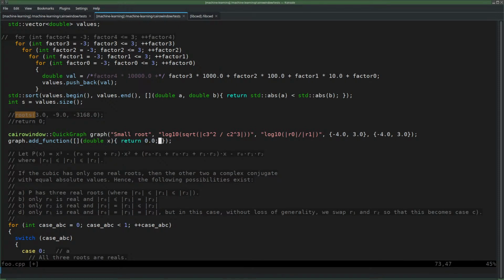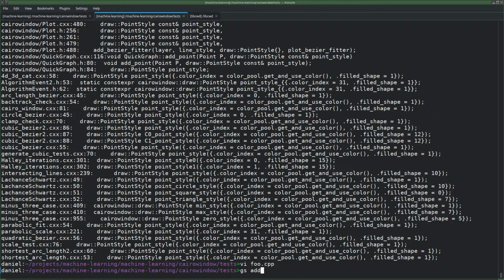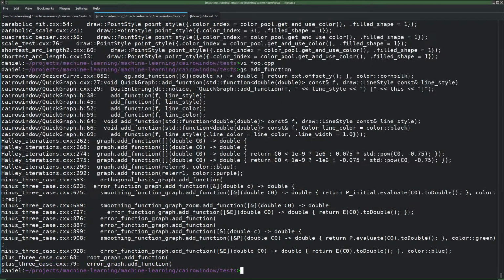Horizontal line at the y equals 0. Maybe draw a diagonal line. Okay, yeah. I did this before. Add function. Let's do this one.